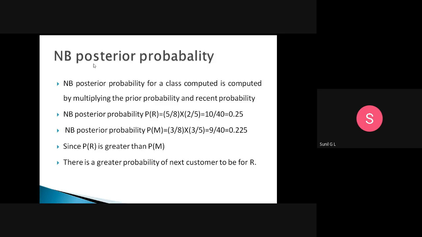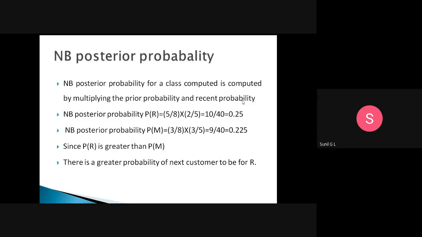How will we calculate it? The Naive Bayes posterior probability for a class is computed by multiplying the prior probability and the recent probability.